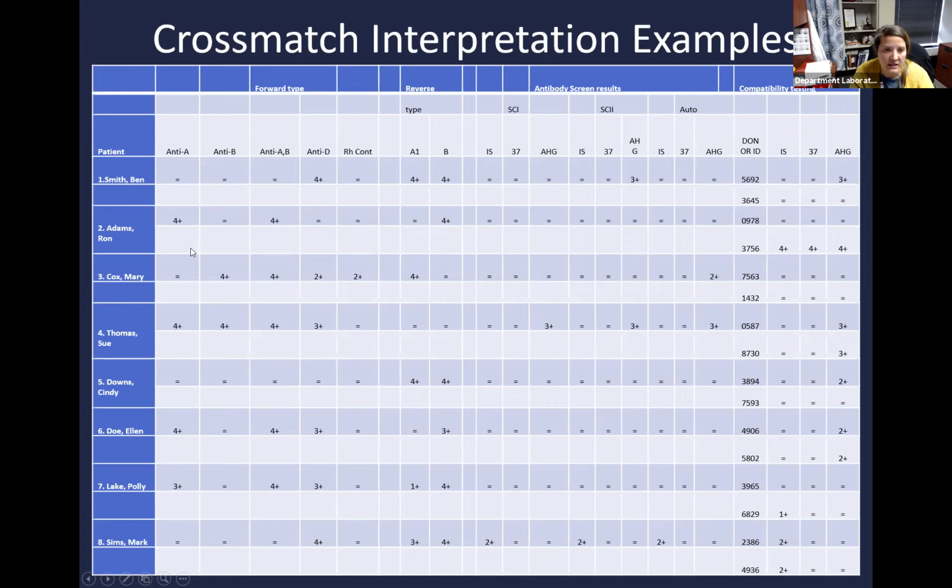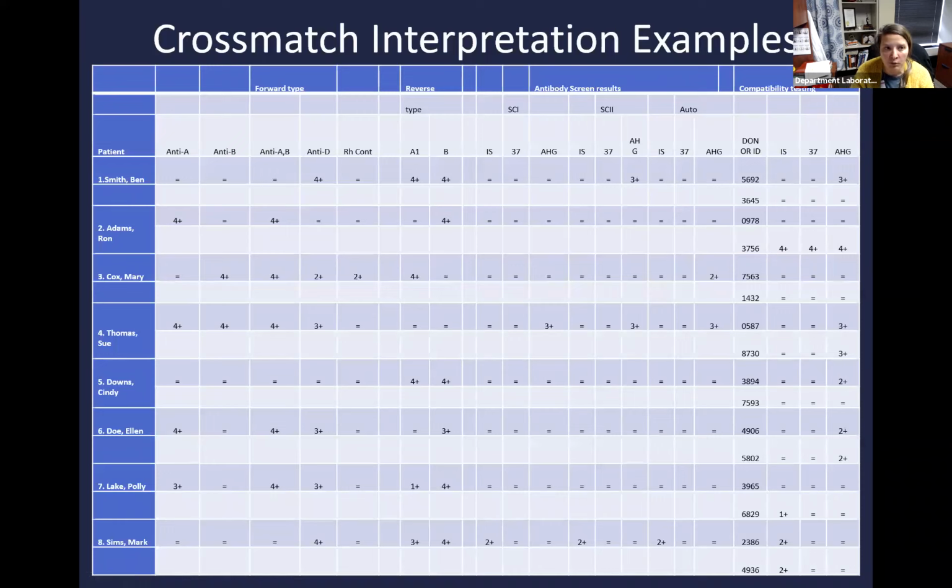All right, the next patient front types as an A, back types as an A, and Rh negative. So this patient is A negative with a negative IAT, so no unexpected alloantibodies present. Unit number 0978 is negative at all 3 phases, so that unit could be considered compatible and safe for transfusion. However, unit number 3756, notice how strong this reaction is. 4+ at initial spin.